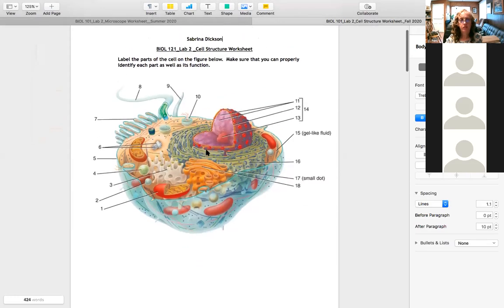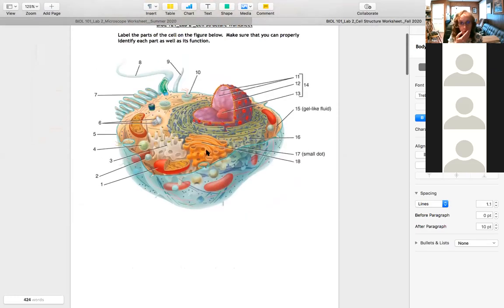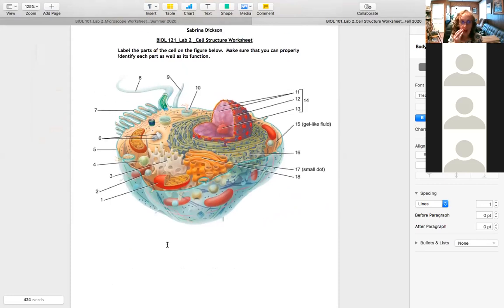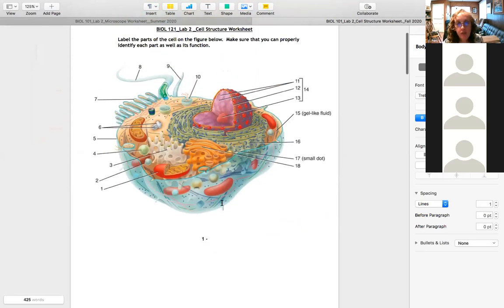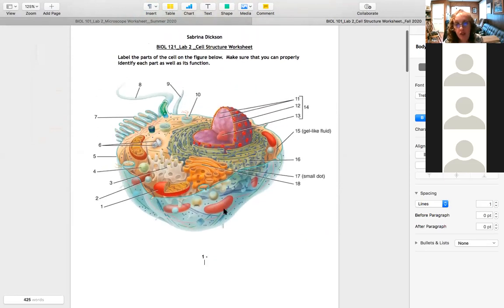Okay, so this is the other worksheet. Is there not a word bank for this one? Maybe not. It will be in your books if you have access to them.